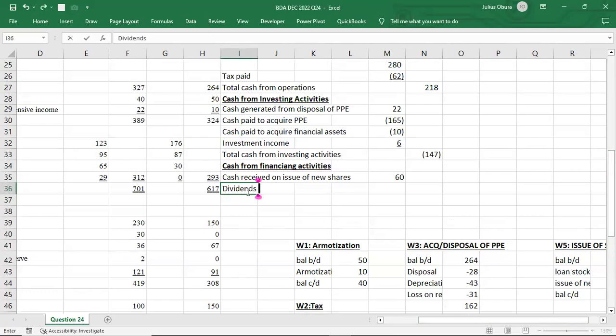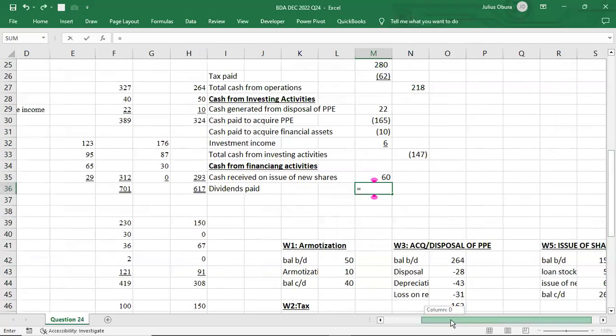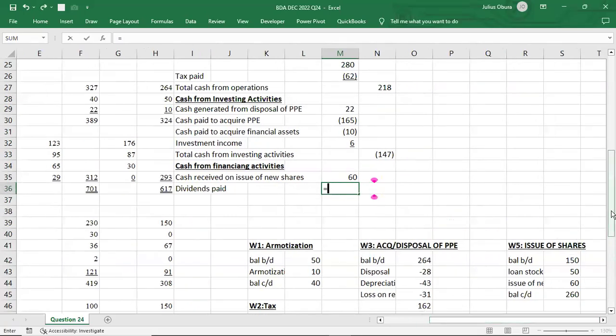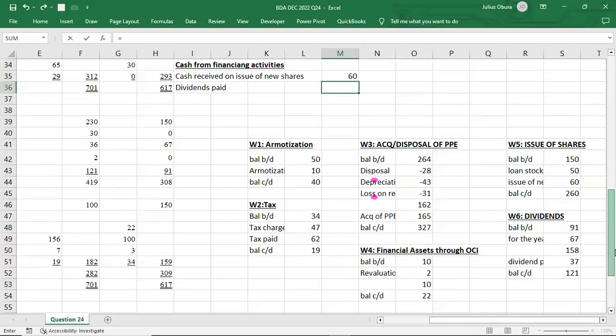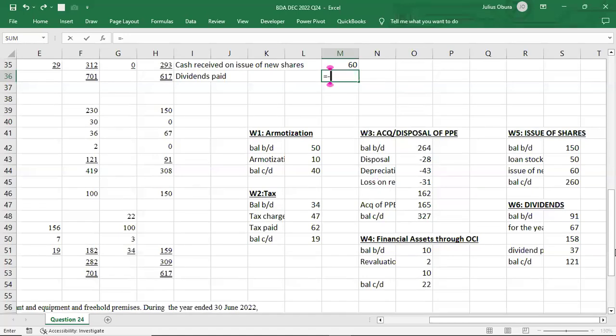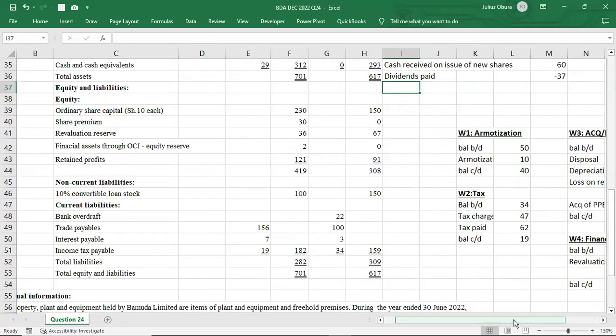It's a cash outflow, so it should be negative 37. Minus 37.